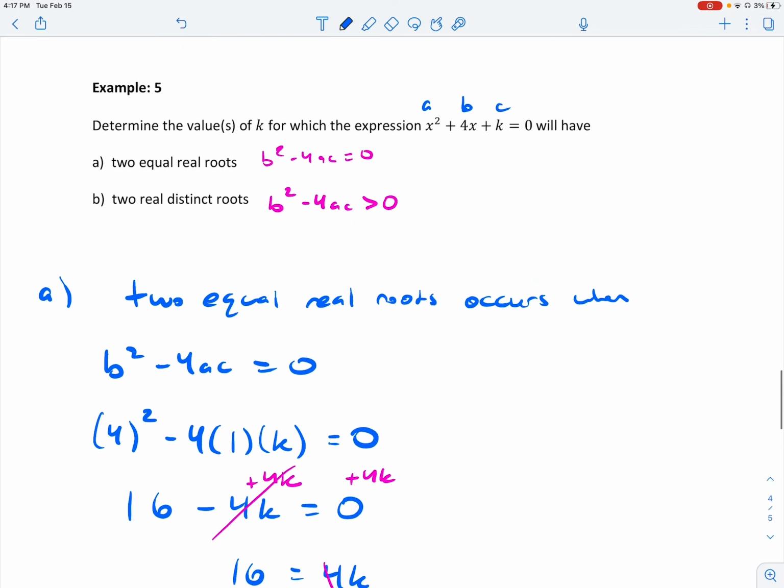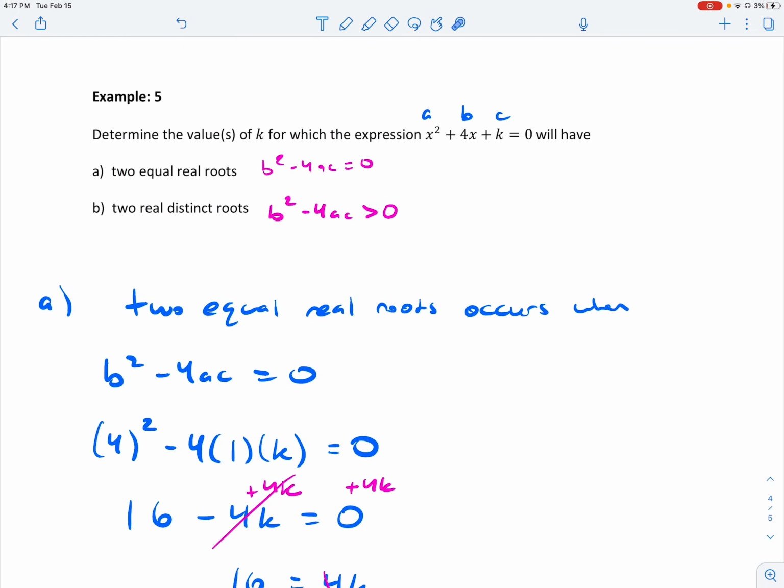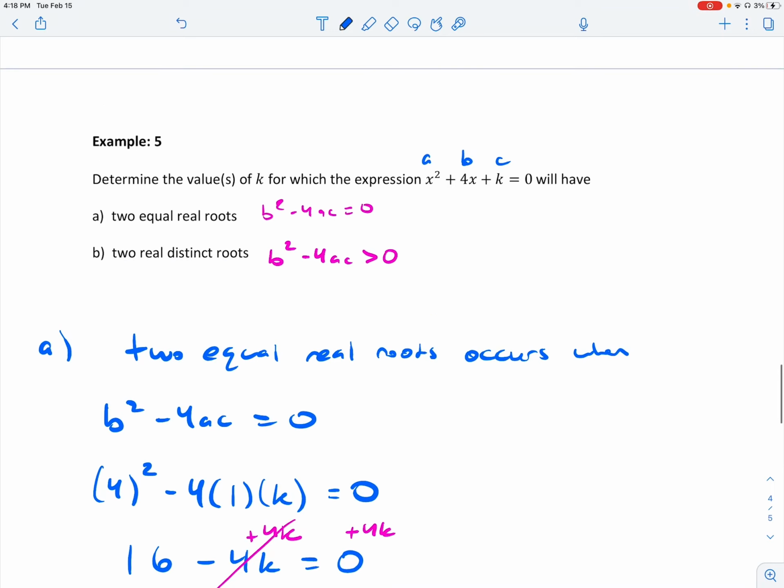All right, let's look at part B now. So we want to find two real distinct roots. What we actually did is we just said that k should be equal to 4. When that happens, you can see that this quadratic, which has a positive leading coefficient, so it's opening up, only has one solution. So it means the vertex is somewhere on the x-axis.